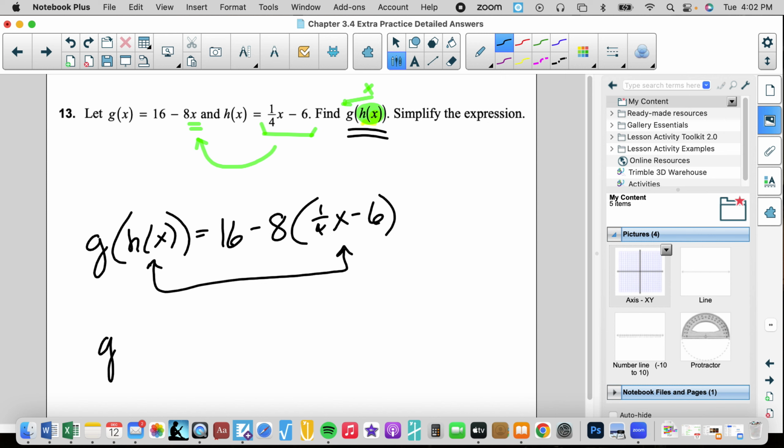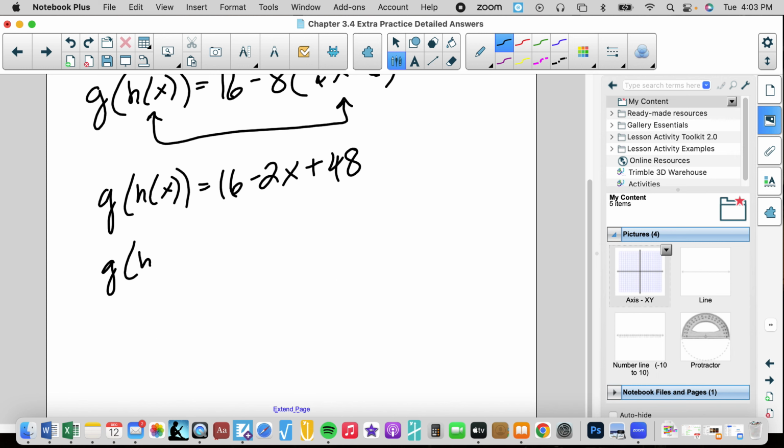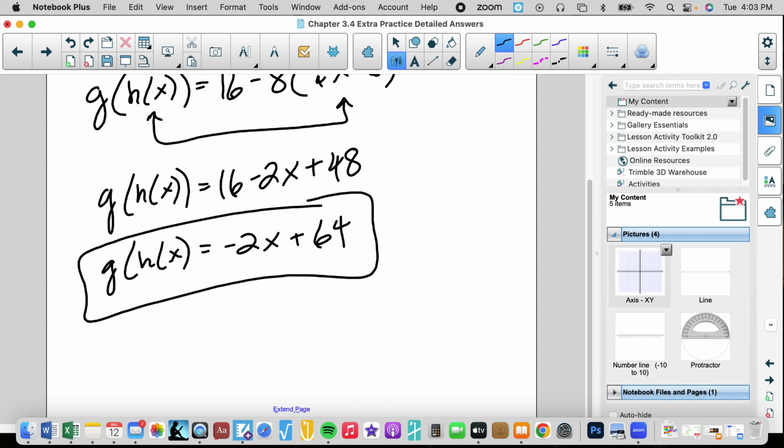We're going to distribute to both of the terms. -8 times 1/4 x is -2x. -8 times -6 is positive 48. We're going to combine like terms. So g of h of x equals -2x plus 64. Good. That's the answer. We can't simplify any further.